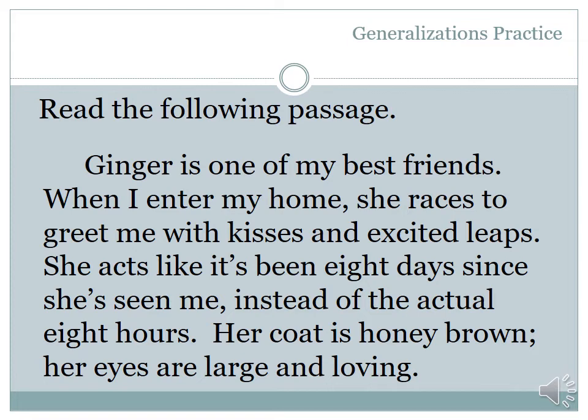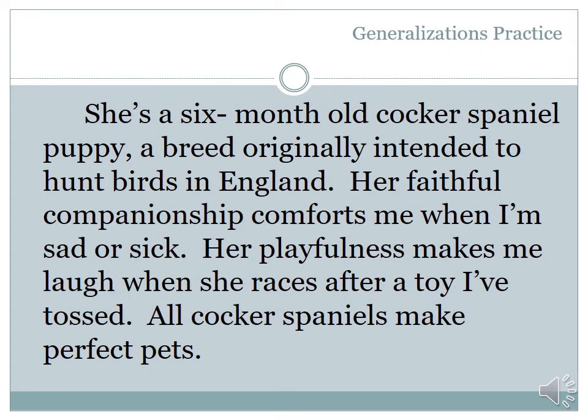Her eyes are large and loving. She's a 6-month-old Cocker Spaniel puppy, a breed originally intended to hunt birds in England. Her faithful companionship comforts me when I'm sad or sick. Her playfulness makes me laugh when she races after a toy I've tossed. All Cocker Spaniels make perfect pets.